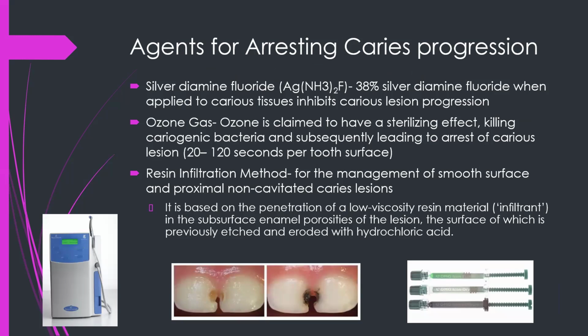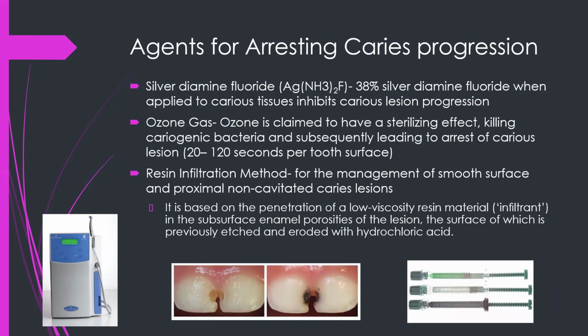So 38% silver diamine fluoride is used, and it is known to inhibit carious lesion progression. Then there is ozone gas, and it is considered to have a sterilizing effect, and it will kill the cariogenic bacteria. It requires an application period from 20 to 120 seconds per tooth surface to arrest caries.